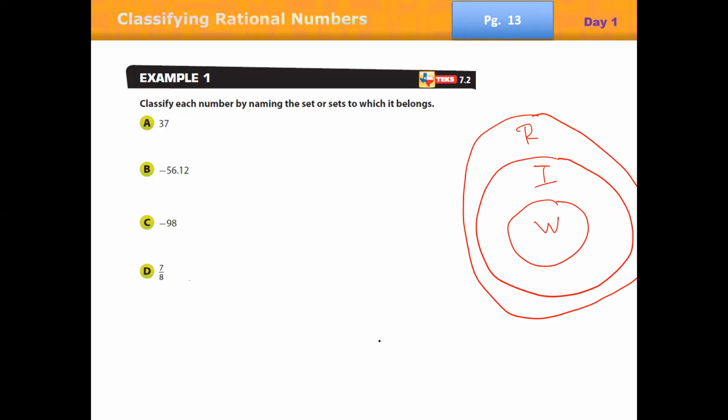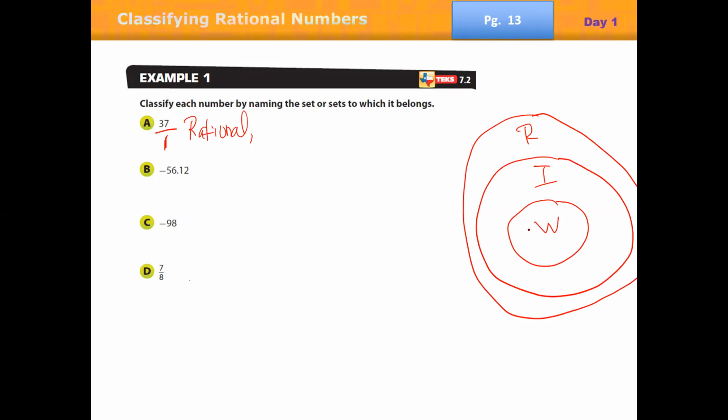We're gonna see where this number belongs. So letter A, we have 37. So let's start with rational number. Can we turn this into a fraction? The answer is yes. We can put it over 1 and turn this into a fraction. And that means that 37 is considered a rational number, okay?